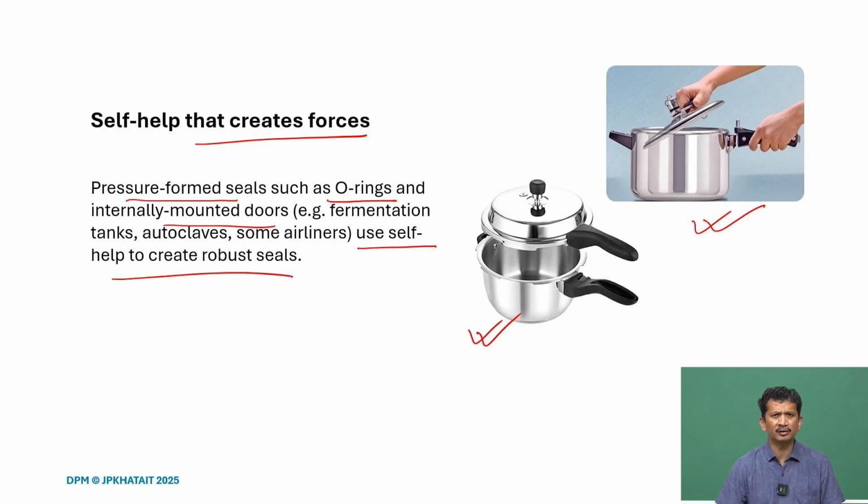So, if the pressure is built, the design is such that these O-rings or the seals we use further provide more sealing, and that way it can provide robust sealing. So, this can be used to design any kind of pressure vessels, fermentation tanks, autoclave systems, or any kind of pressurized system we can design using these principles.